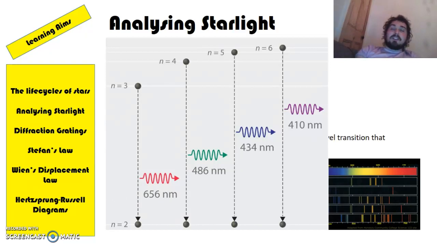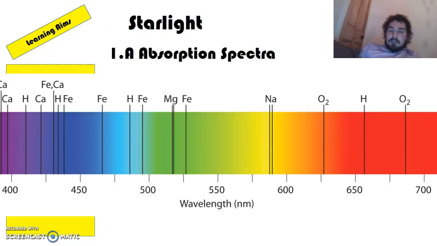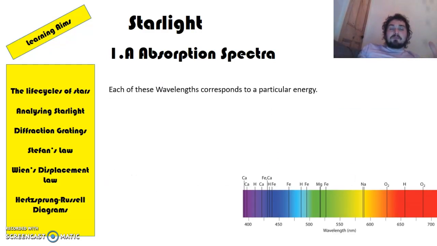So it only filters out the 410, the 434, the 486, and the 656, and then any other combination in between as well. But those combinations are very specific to the energy levels, right? And what you get is a pattern of missing waves because they've been absorbed by these elements in particular.